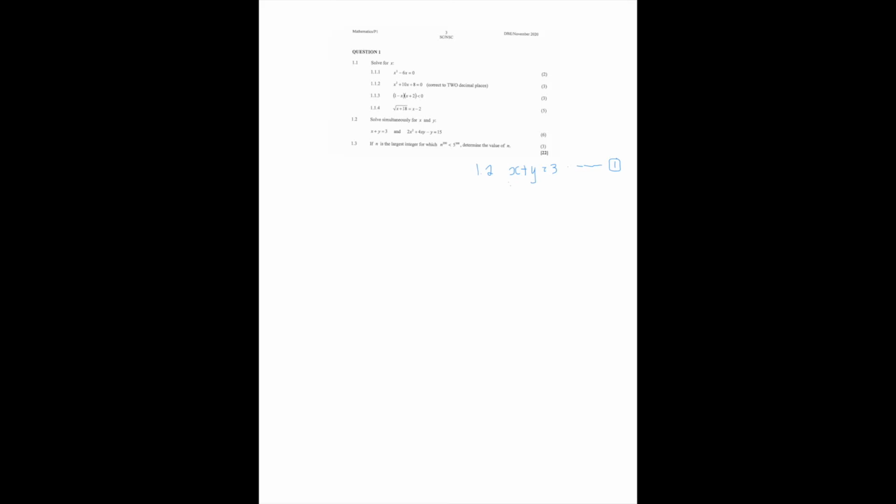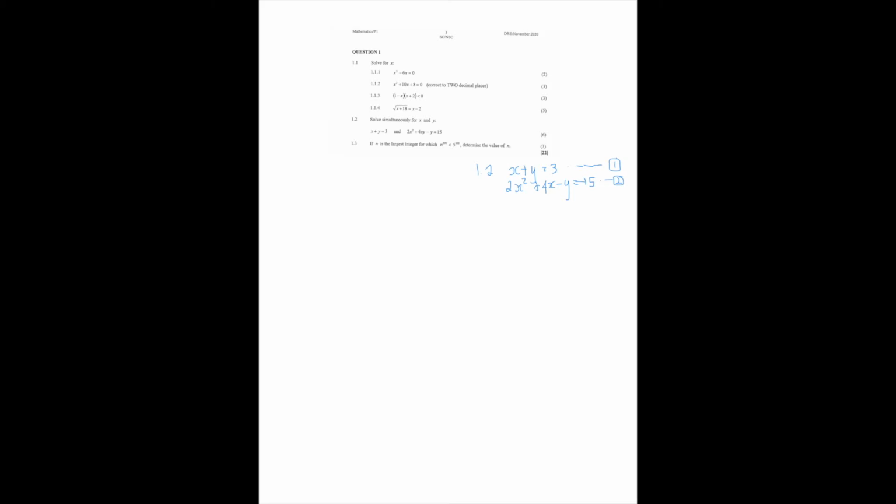And 2x squared plus 4x minus y equals 15. Let's call that equation 2. Now, the simplest equation that you can rearrange is equation 1.